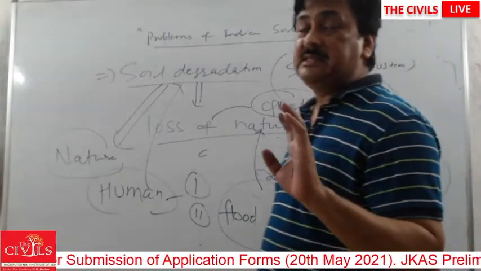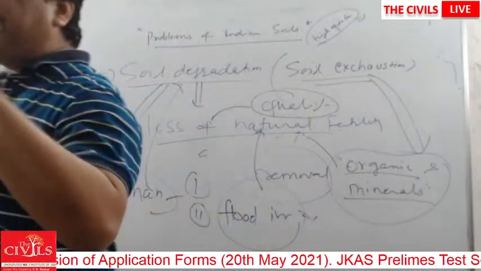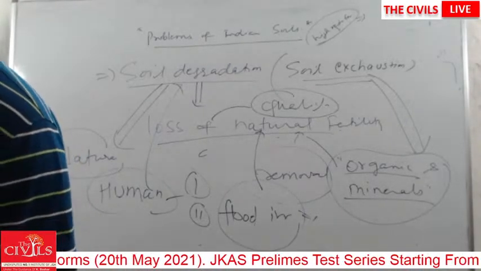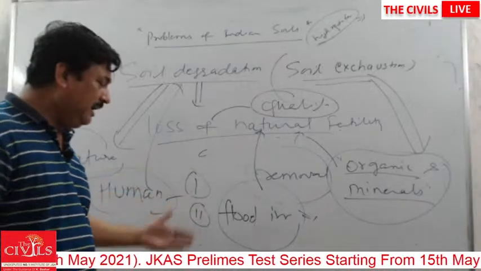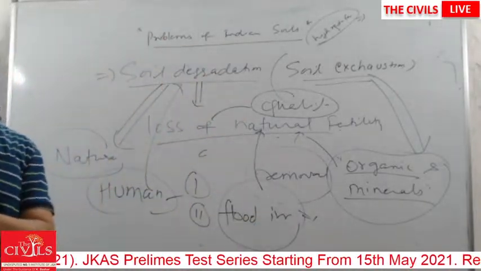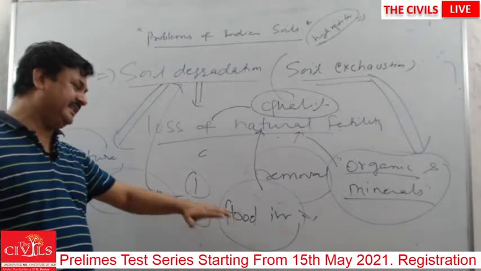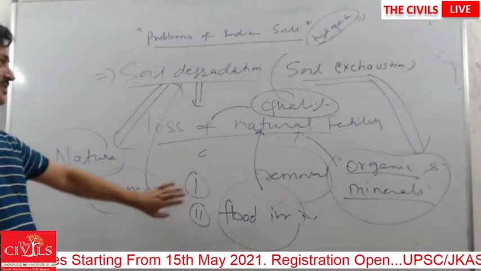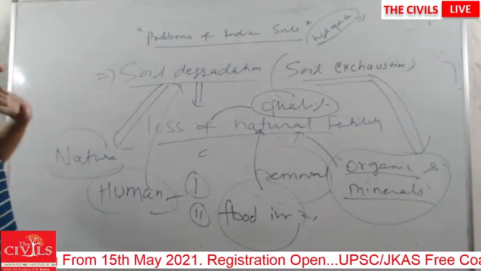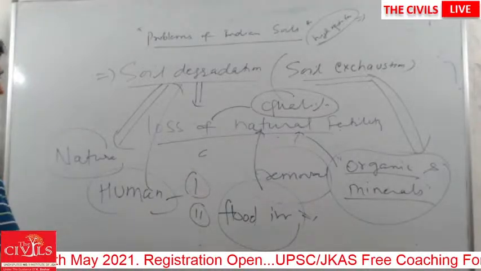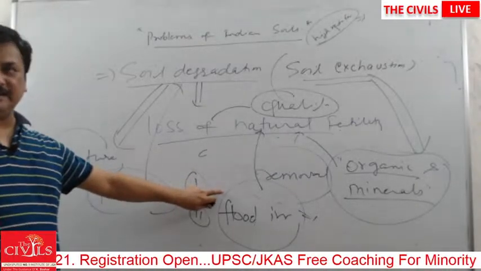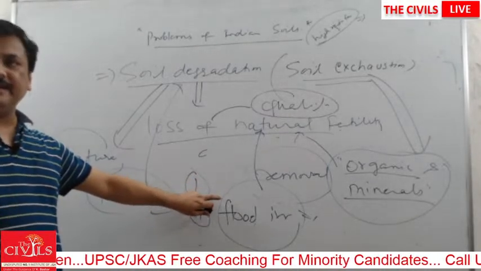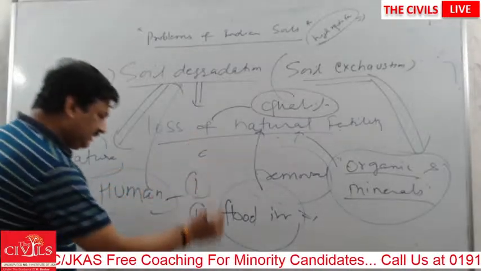Flood irrigation means applying more water than required, and it is practiced in a large part of the area. So flood irrigation is also responsible for the loss of natural fertility of soil.